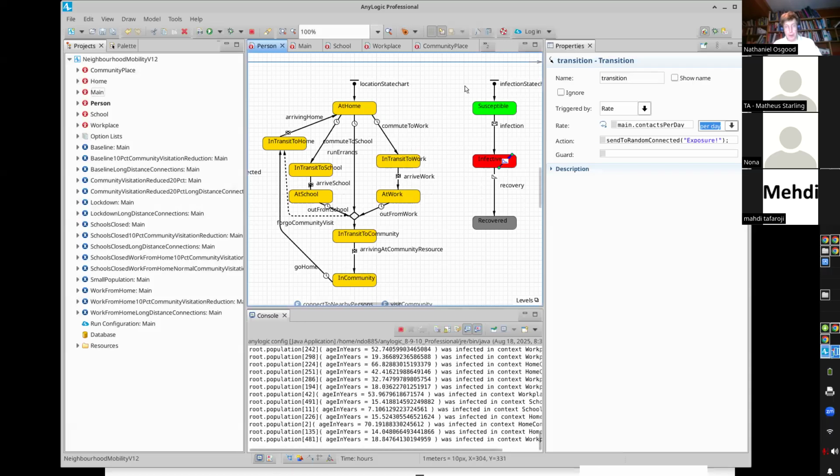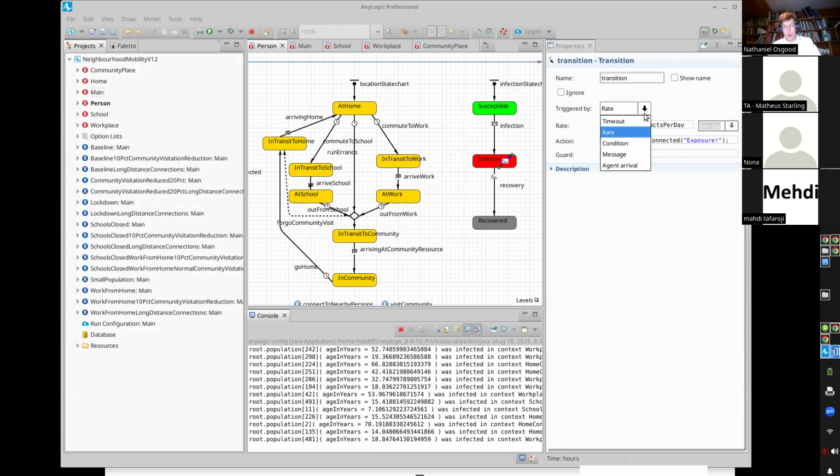Now, this is showing someone periodically, at a certain contact rate while they're infective, sending these messages, but it's not like clockwork. It's at a certain hazard rate, a certain chance per unit time. It's a Poisson type process.